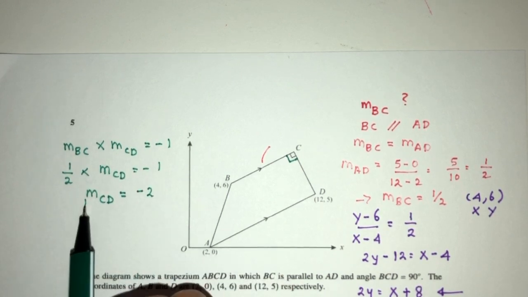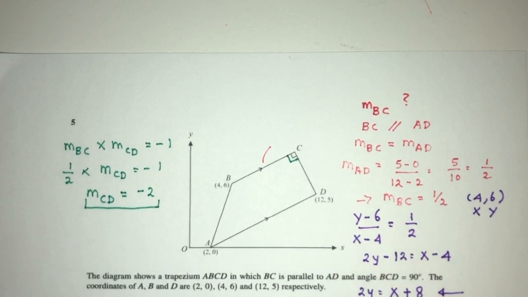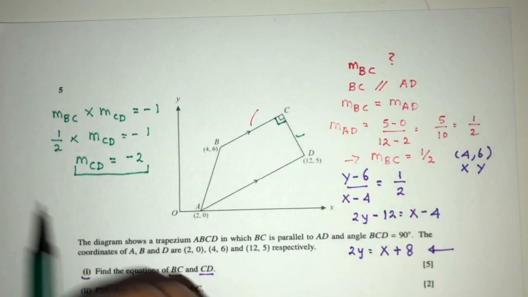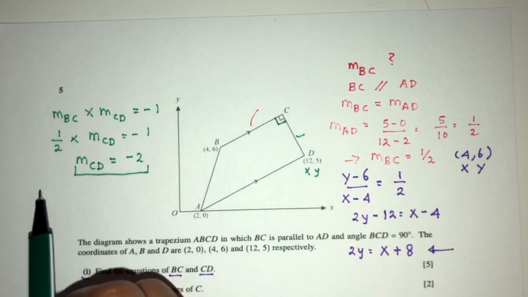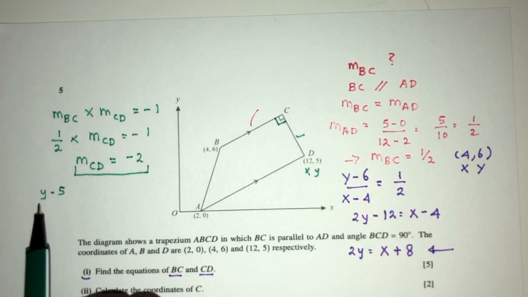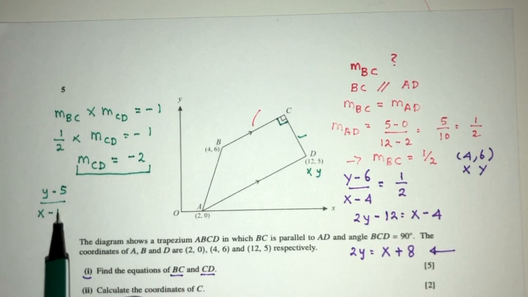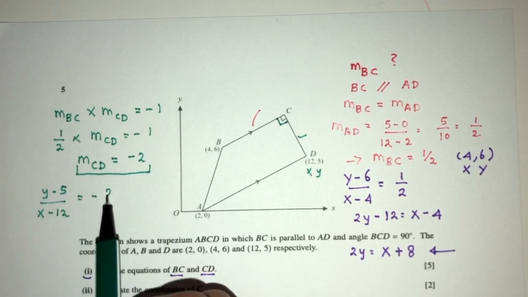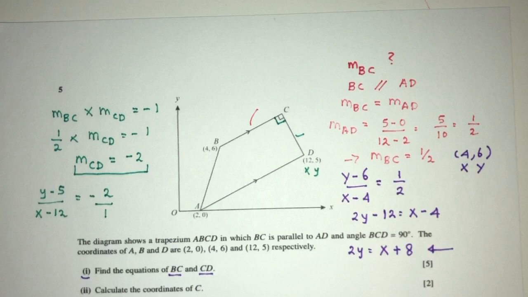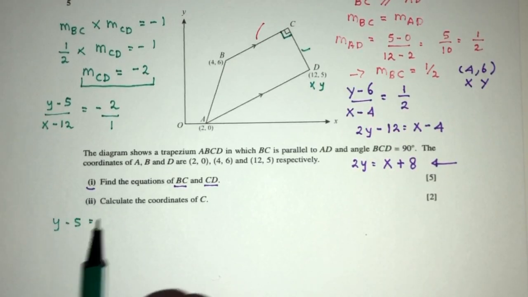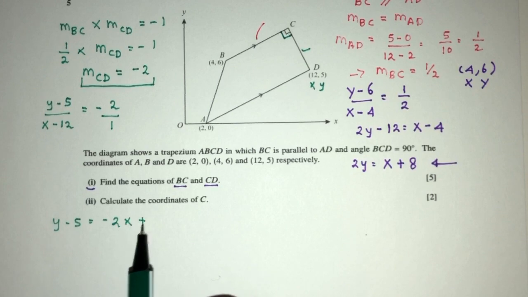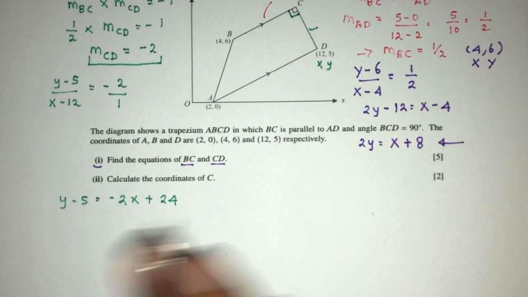So from this we can move on to find the equation of that line CD. We have a passing point which is 12, 5, that will be x and the y value. So y minus the corresponding value over x minus its corresponding value has to be minus 2. Minus 2 is minus 2 over 1, so cross multiply, you will have what? y minus 5, and that will be minus 2x plus the value of 24 on the other side.